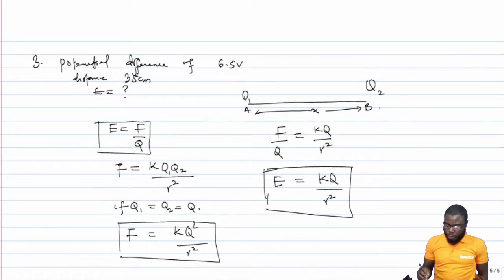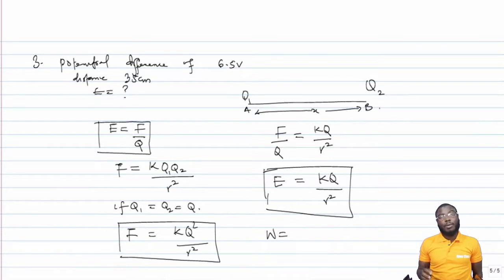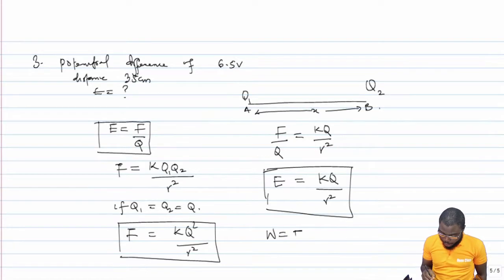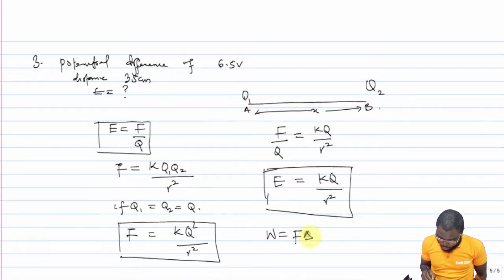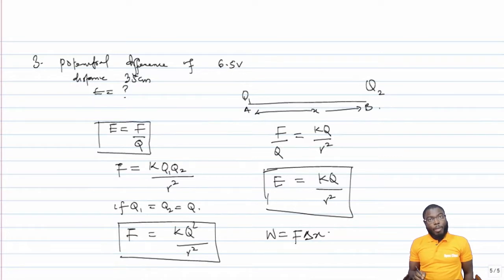Now the work done, we all know that work done is force times distance. So now your force times the change in distance between this point and this point. So you have change in x.